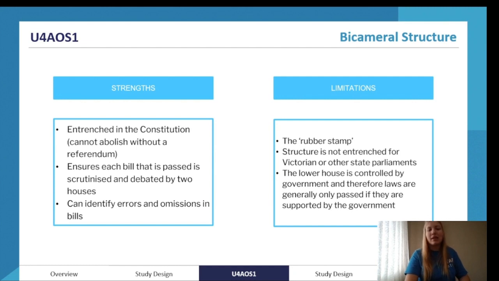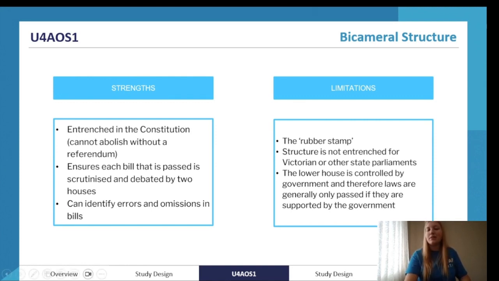It also ensures that each bill that is passed is scrutinized and debated by the two houses, making sure that we have a process for reviewing our laws before they are passed, not just one house that can just pass laws through because it's what they want to do for whatever interest that they have. This also enables us the aspect of reviewing laws to identify errors and omissions in bills and make amendments or changes to issues that have come up with laws.